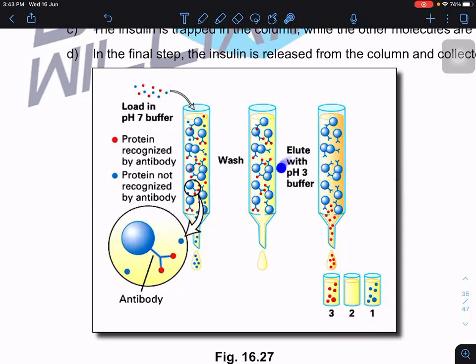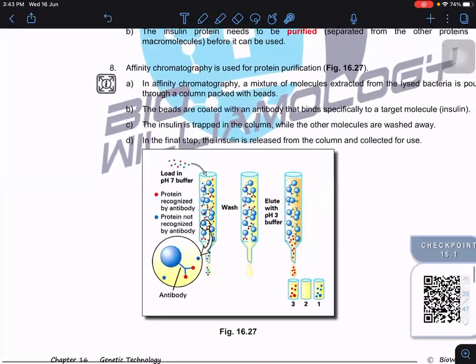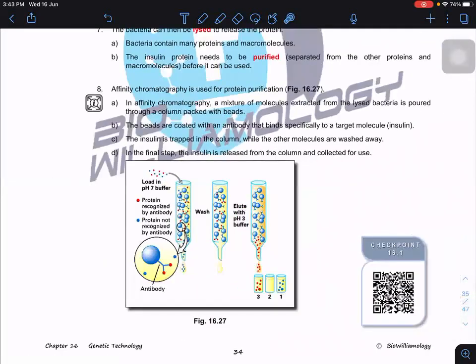If you change the pH, the affinity becomes lower, and then we can collect the insulin. First we trap the insulin, after that we release it. This method is called affinity chromatography, and it allows us to purify the sample.